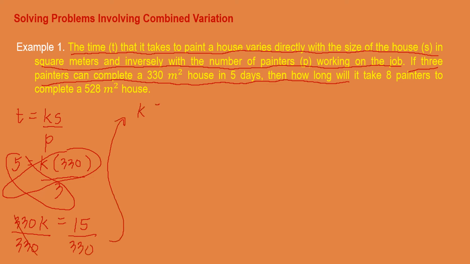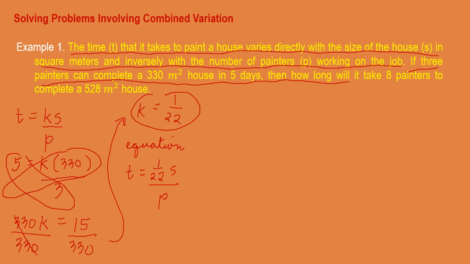Therefore, K is equal to 15 over 330, or in simplest form, 1 over 22. So if K is equal to 1 over 22, the equation of the variation now is T is equal to 1 over 22 S over P.